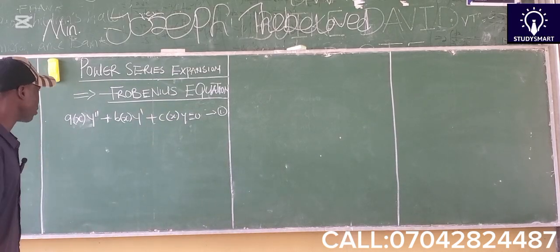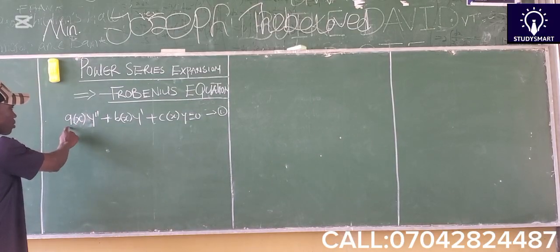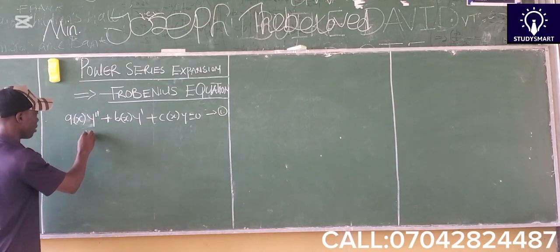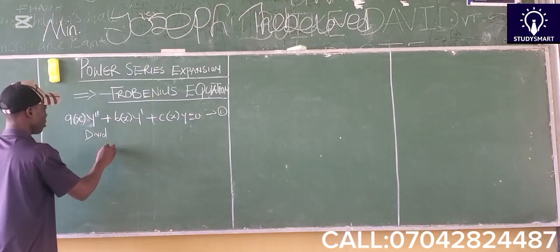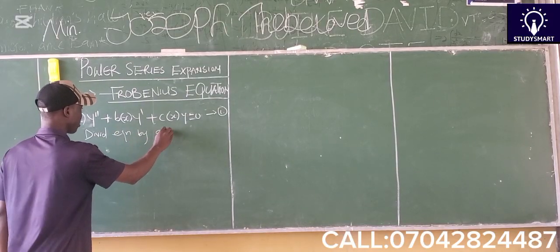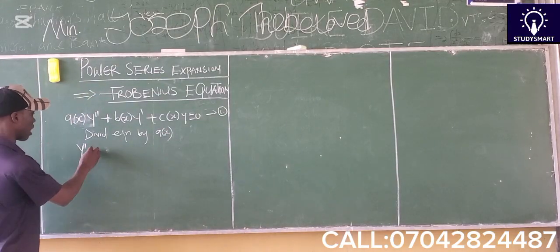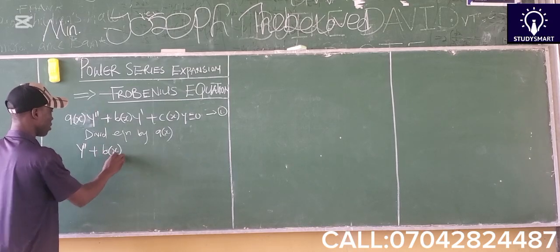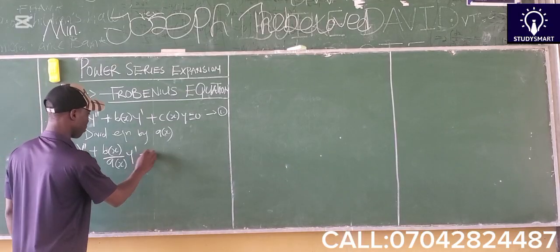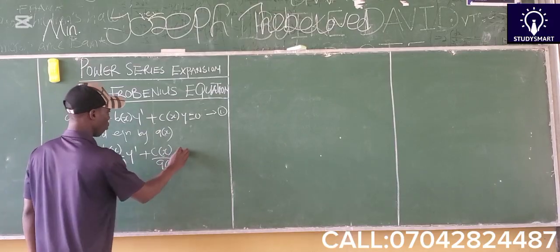From equation 1, if I divide the whole expression by the coefficient of the first term, which is a of x, I'm going to obtain y prime prime plus b of x over a of x y prime, plus c of x over a of x y equal to 0.